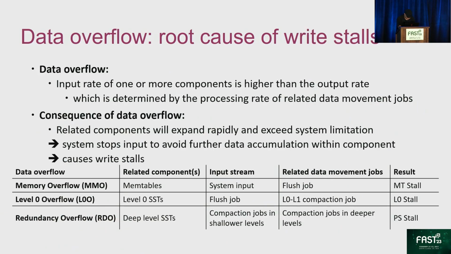Let me explain the definition of data overflow first. It refers to the case in which the input rate of one or more components is higher than the output rate, while this output rate is determined by the processing rate of related data movement jobs. As a consequence, the related components will expand rapidly, and this will cause write stalls when it exceeds the size threshold defined by the system.